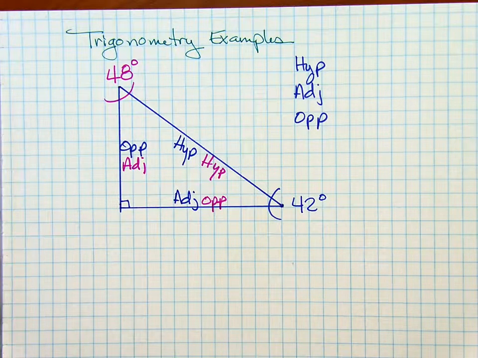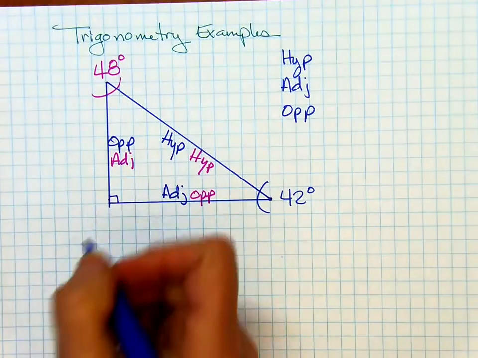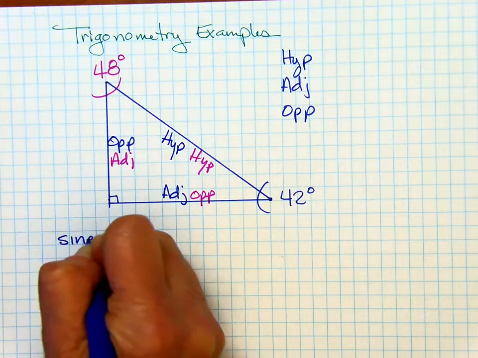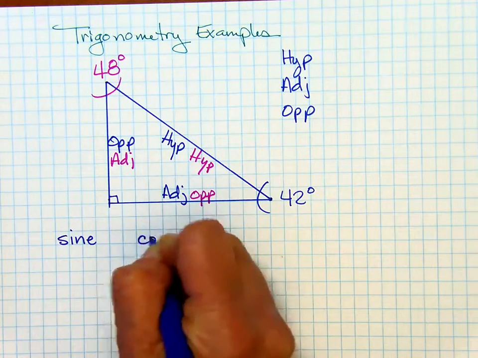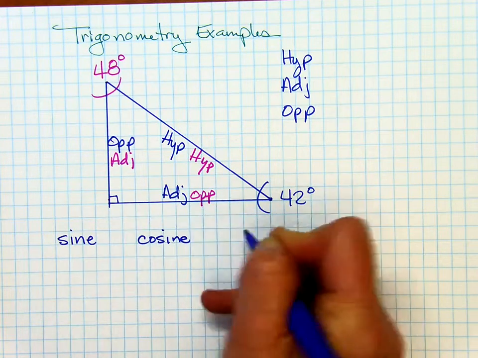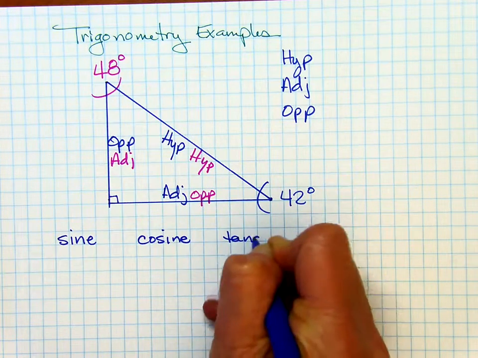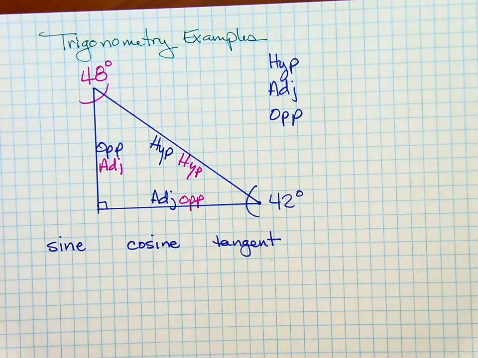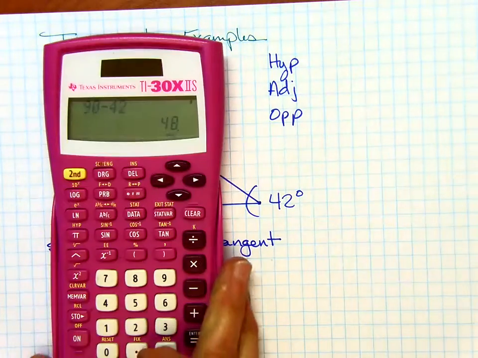Alright, now we're going to talk about functions, and let me go ahead and write them out, and we'll talk about them. So the first one is going to be sine, cosine, and the third is tangent. Now on the calculator, let's look at the calculator real quick.